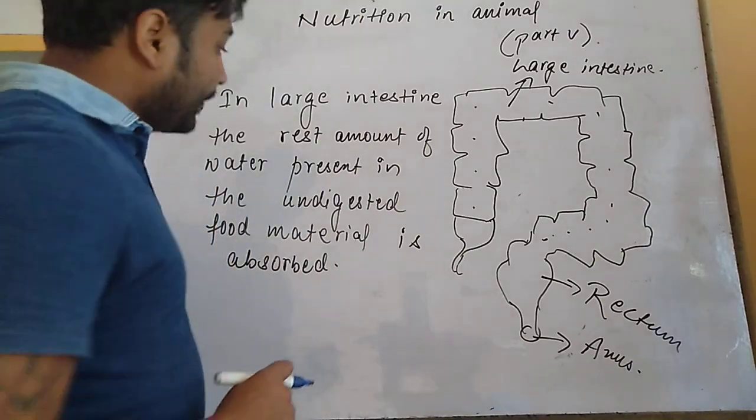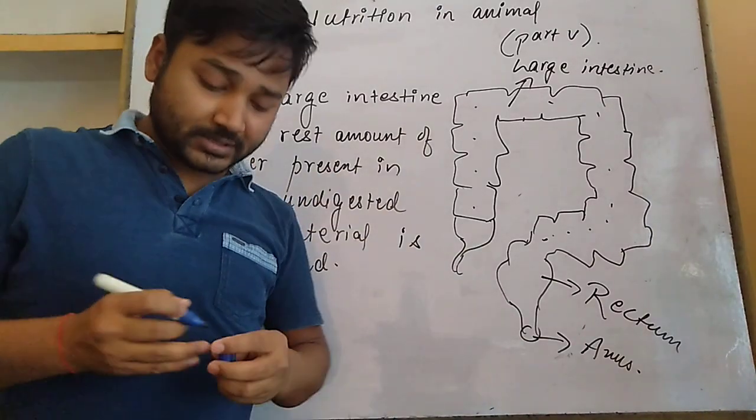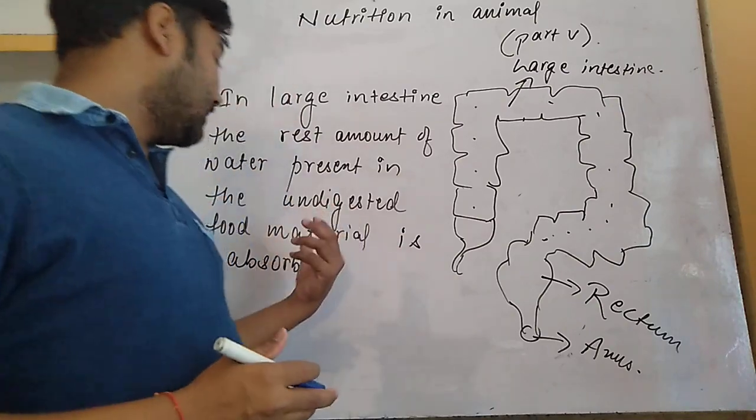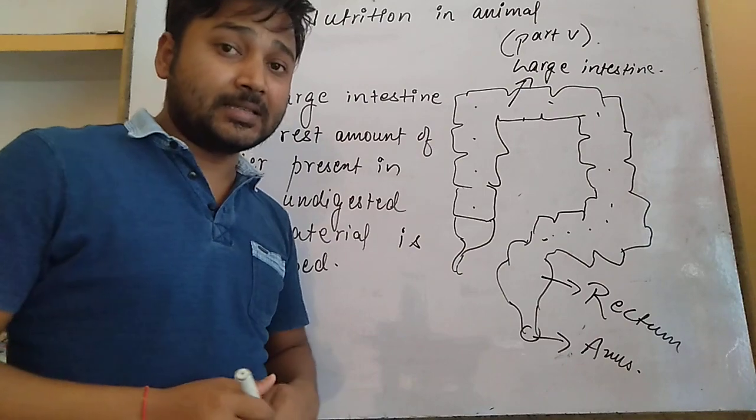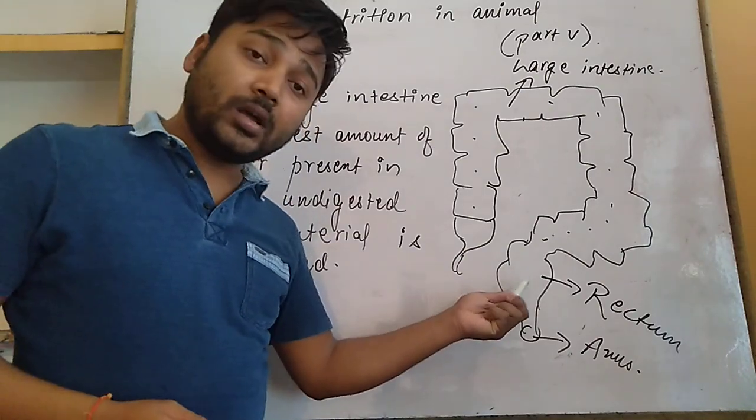And after absorption of the rest of the water present in the undigested food material, the solid waste material in the form of feces is transferred to the rectum.